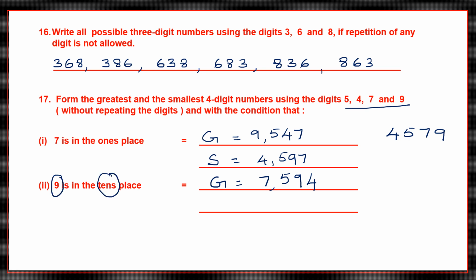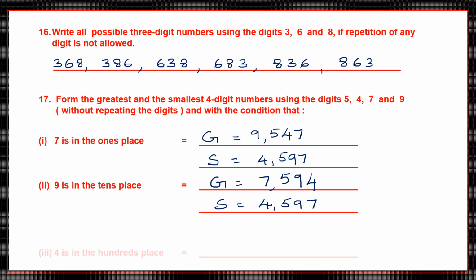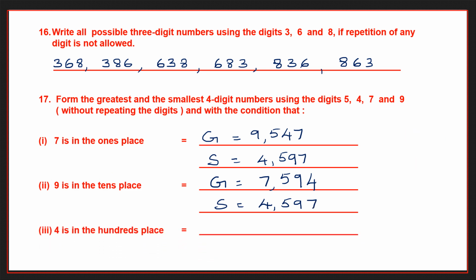And the tens place is this, ones, tens. That means I have to move 9 there. So what is my number now? 4, 5, 9 and then I put 7 there. 4,597. So smallest number is 4,597. The third condition is that 4 is in the hundreds place.